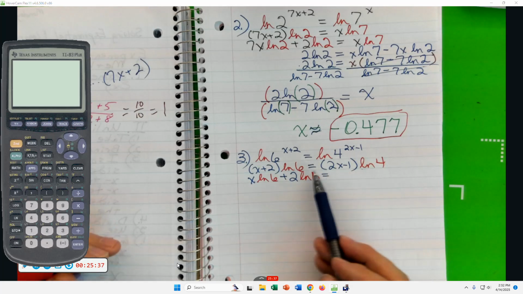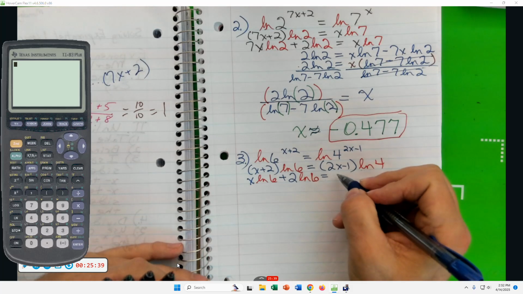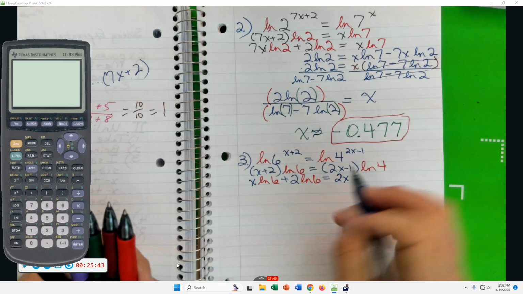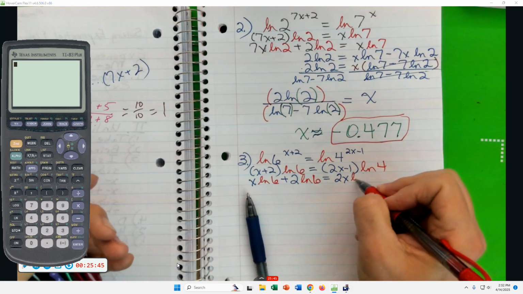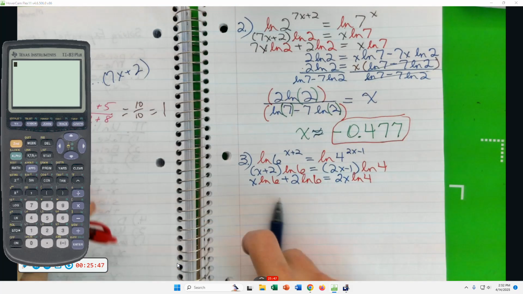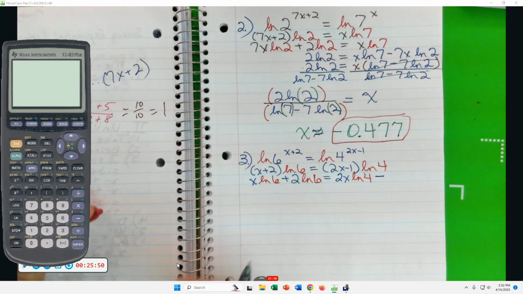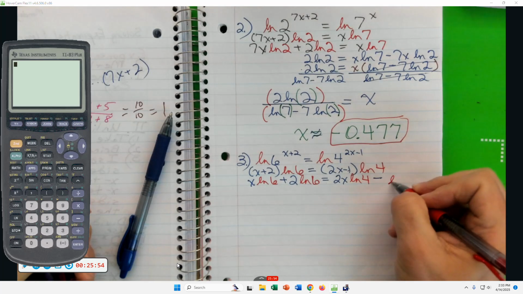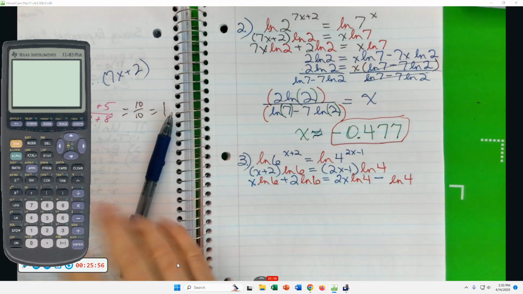You have to distribute again. I'm waiting. ln 4, good. Minus, okay, 1 times ln 4 is just an ln 4. Good.